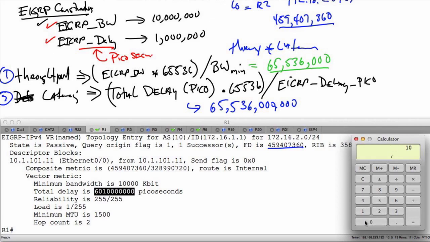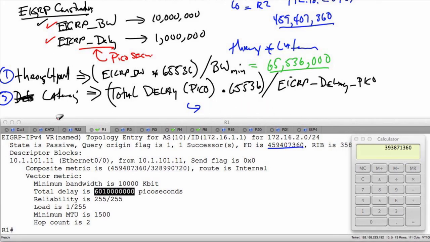Divide that by 1 million. And that looks better. So let's see what we got here. Somehow I really screwed that number up. I apologize for that. So let's see what happens now.